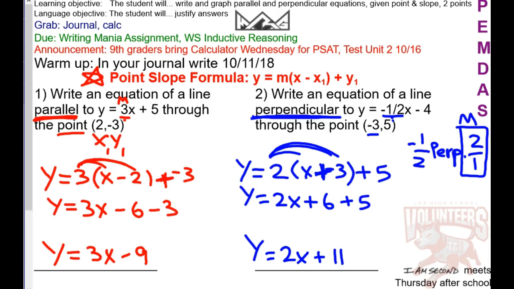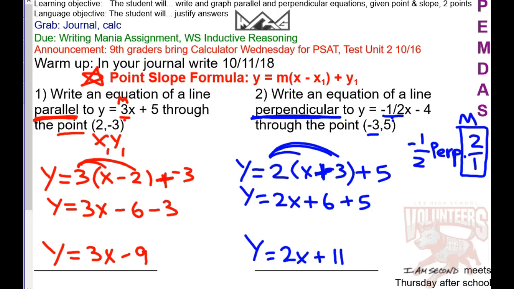Now, I hope your confidence level on doing this is a little bit higher. You have to be able to do that on Tuesday. Like, literally, you must be able to do this on your own. So is there any questions on any step? Which one, parallel or perpendicular? Very important. You got to know what it is, okay?